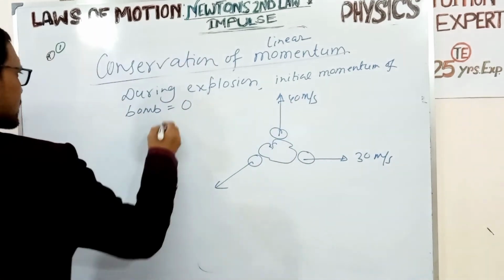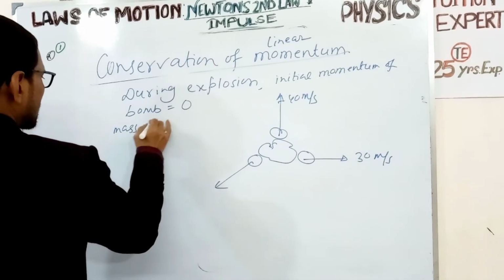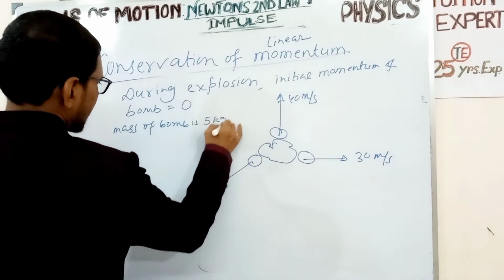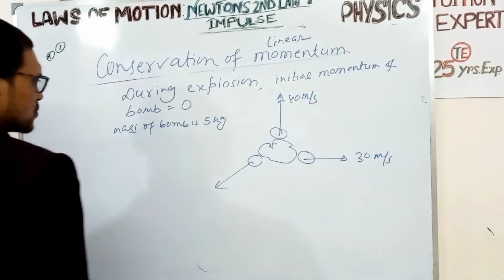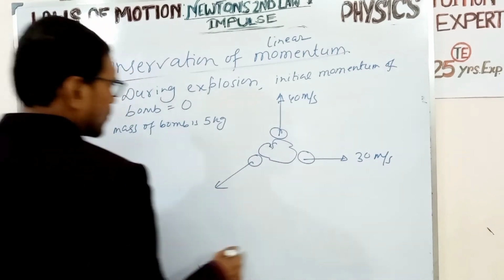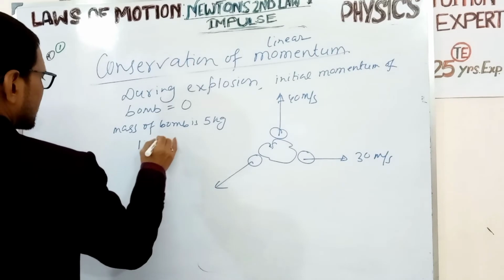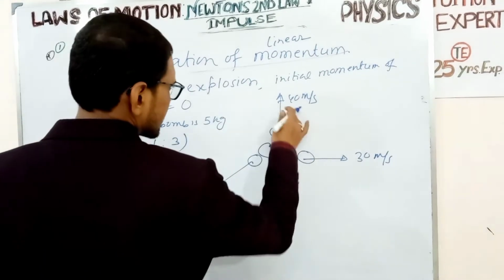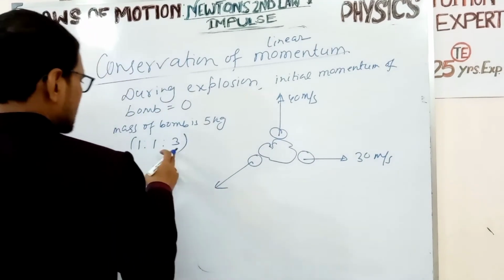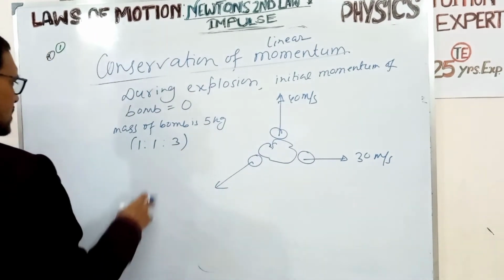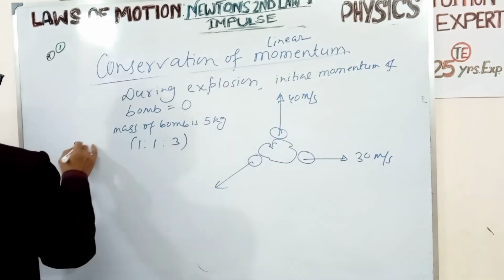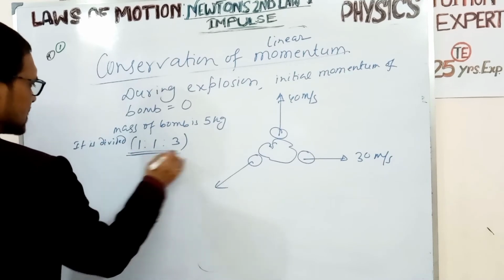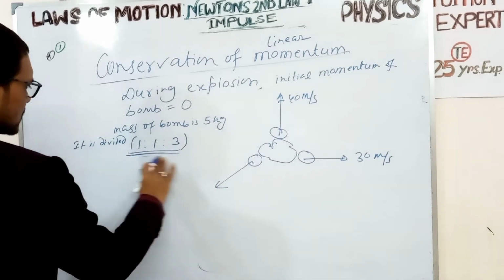Suppose the mass of the bomb is 5 kg, and it is divided in the ratio 1:1:3. That is, two masses are equal parts, and the third mass is in this ratio.